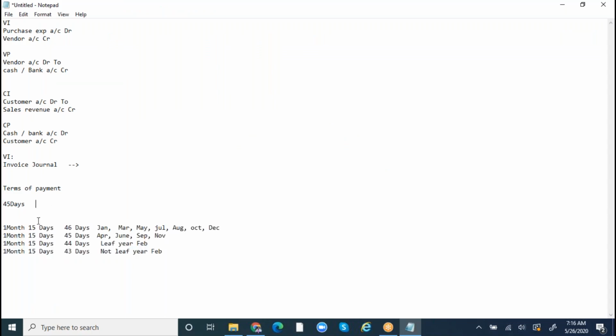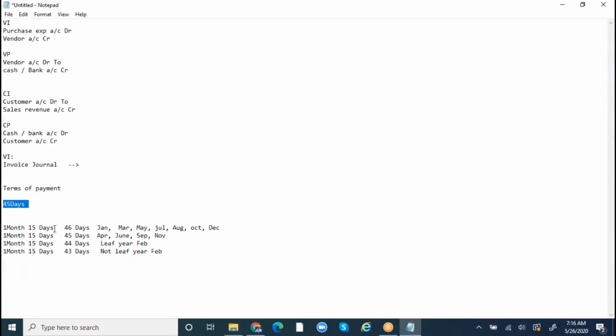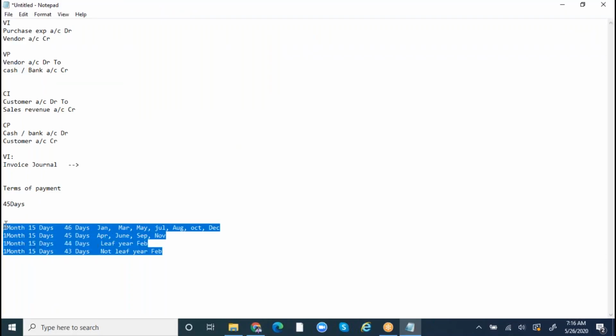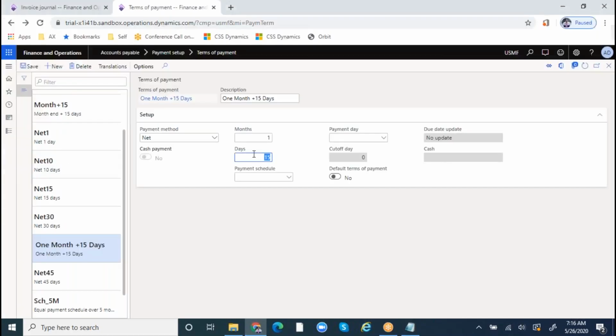If they want 45 days, you can map 45 days, or if they want 1 month 15 days, you can map 1 month 15 days, whatever they want. Once it is mapped, whichever it may be, this is the terms of payment. Terms of payment we have created.